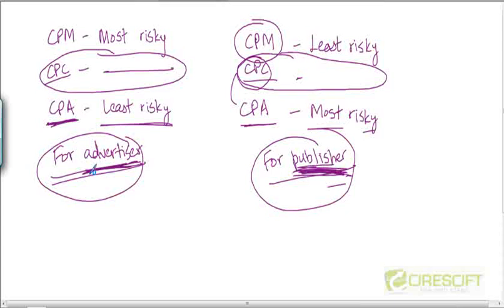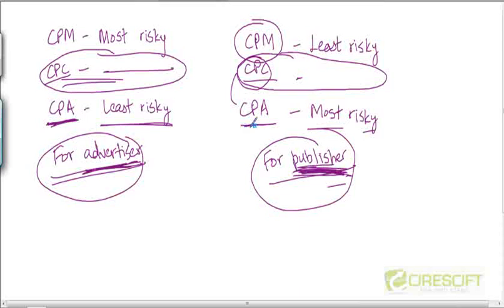So as I said, Google will not go for the CPA model. Google will go for the CPC model. What kinds of publishers will go for the CPA model? Let's say you are an amateur blogger, and you have nothing to lose because you're not getting any traffic on your website.